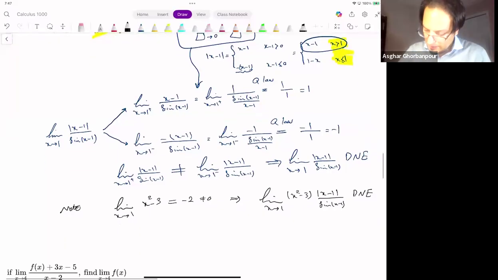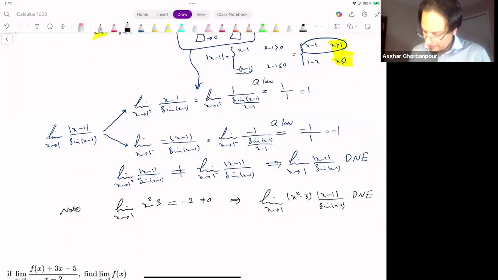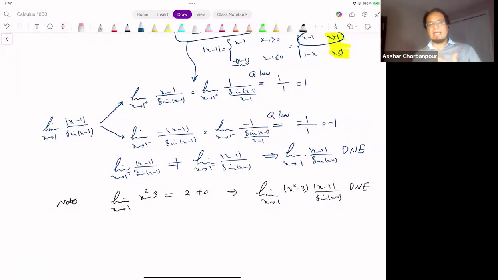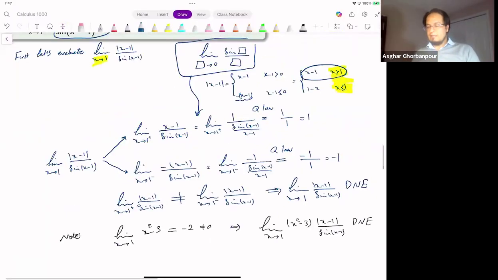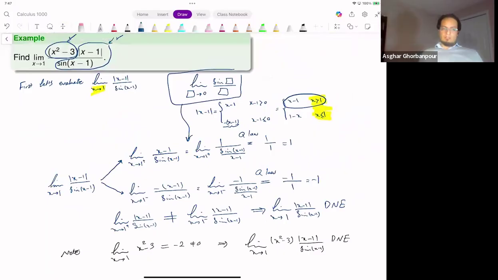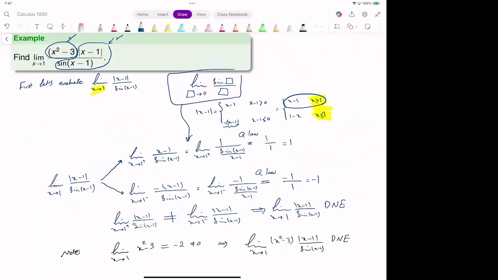Or another way of saying that is this. Let me, before I repeat that last piece, ask if everything makes sense so far, or are there any questions so far? If the limit of the x squared minus 3 was 0, would it make the whole limit 0, since it's 0 times something?